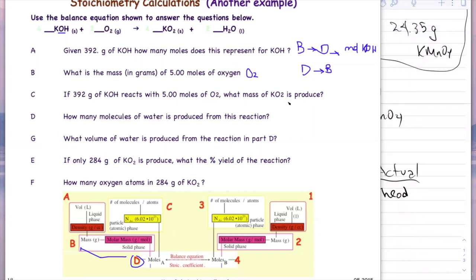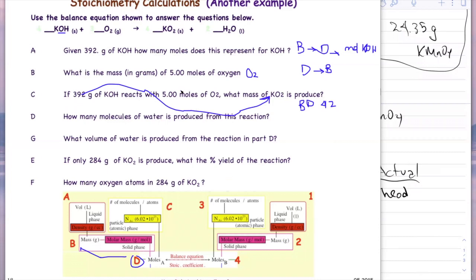So again, it's a two-part problem. This part right here, you've got to go from B to D to 4. That's the step. And then from 4 to 2, okay? Because we're going to go from mass of KOH to moles of KOH, moles of KOH to moles of KO2, and moles of KO2 to mass of KO2.